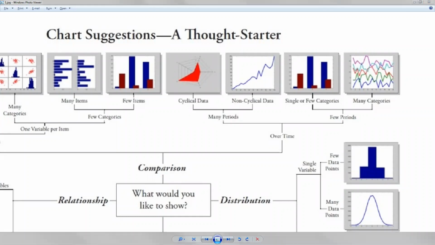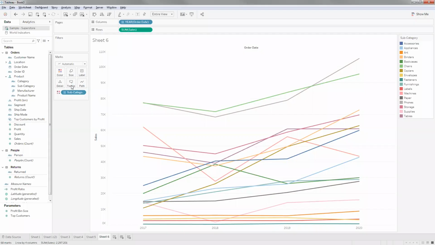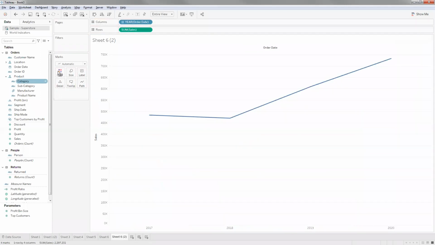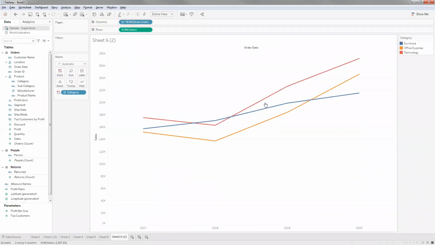Obviously when the categories are less than 4 or 5, it corresponds to the same. So let me just duplicate this at the same year level. I'm just going to remove subcategory and pull category in. So I have just 3 categories. Showing lines at this point is not so viewer friendly again.